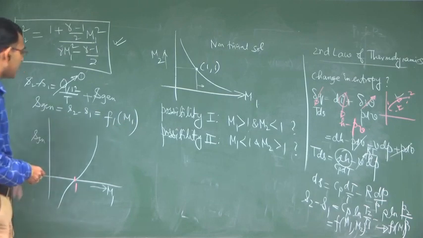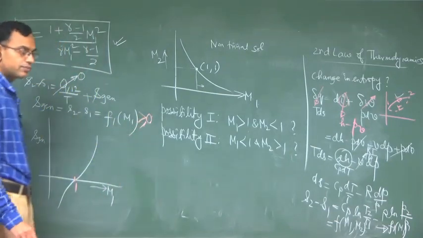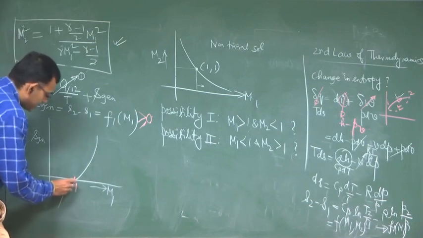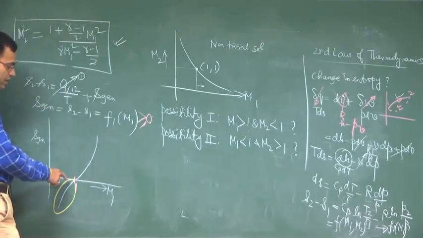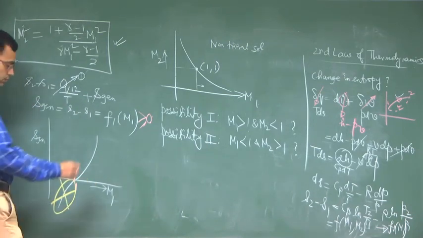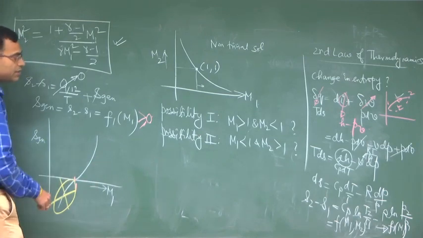Now, as per the second law of thermodynamics, this has to be greater than or equal to 0. That means this part of the graph, which shows negative entropy generation, is not permissible. Only M1 greater than 1 is permissible.